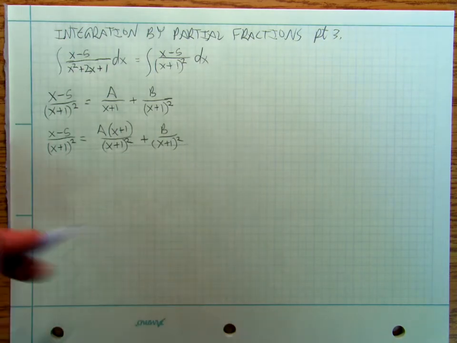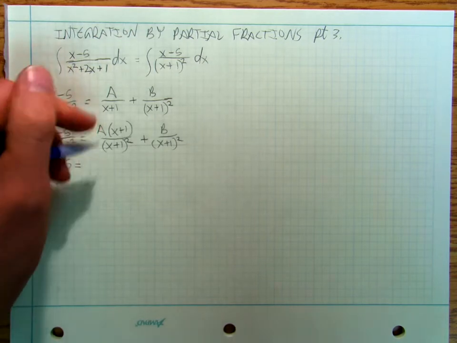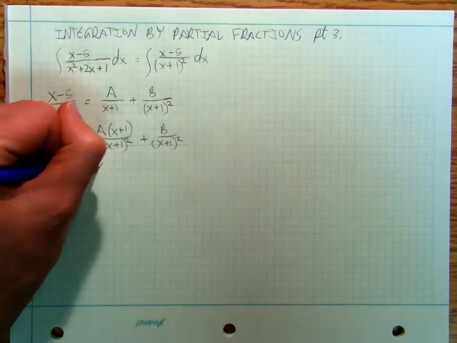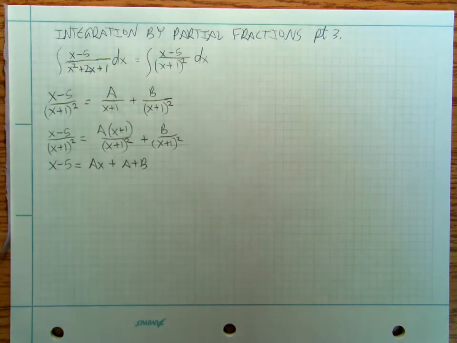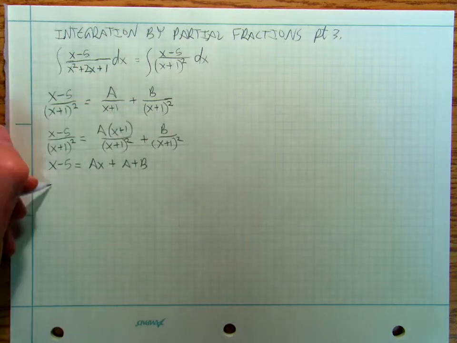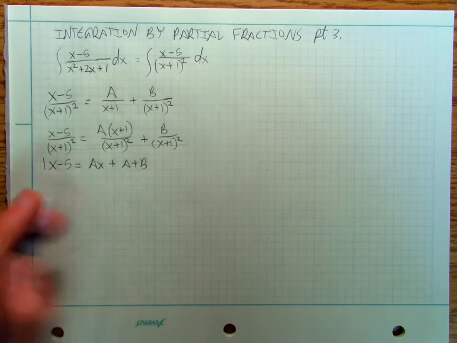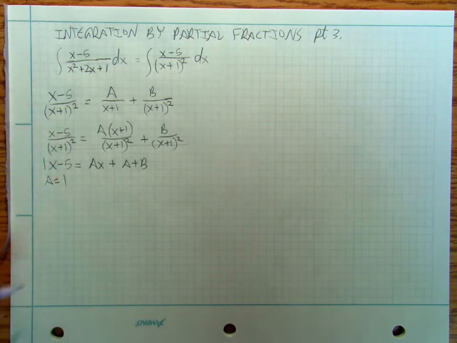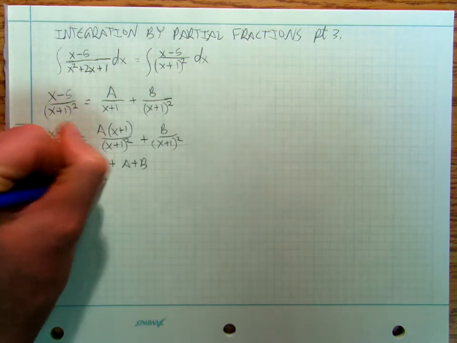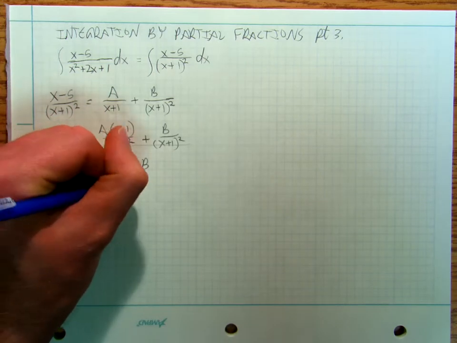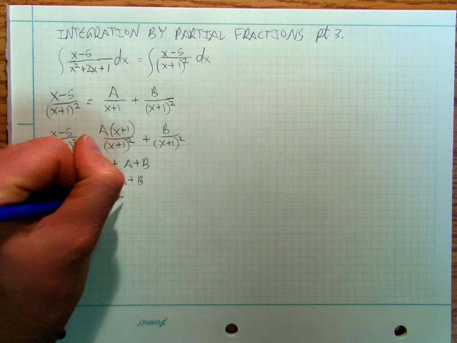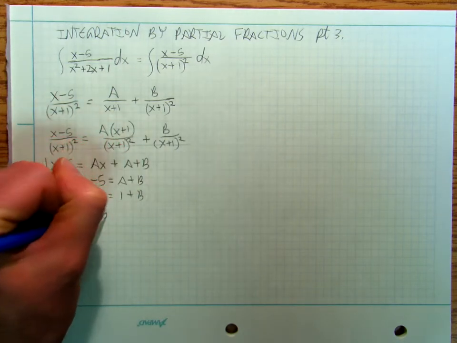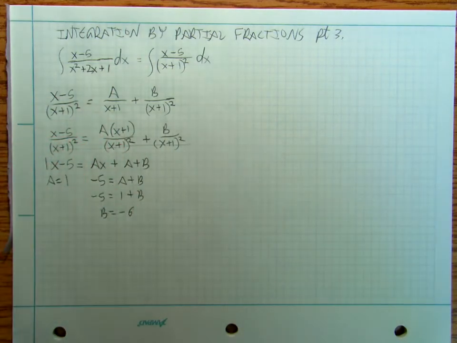I've got x minus 5 is equal to ax plus a plus b. And so that tells me that there's a 1 there, so a equals 1, and minus 5 equals a plus b, and my a is 1, so minus 5 equals 1 plus b, b equals negative 6.